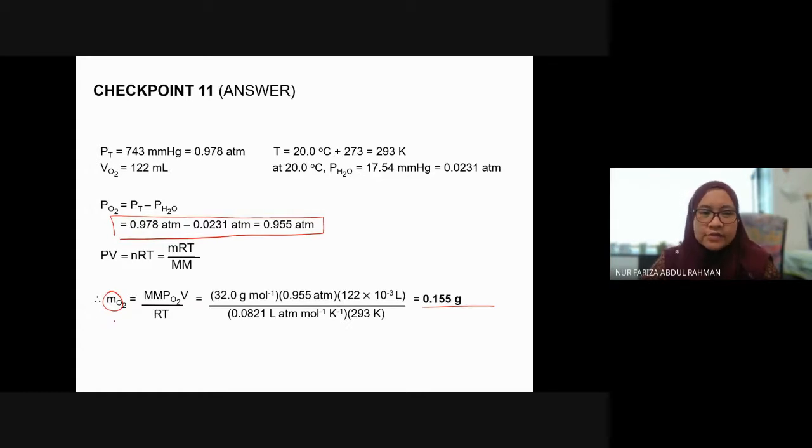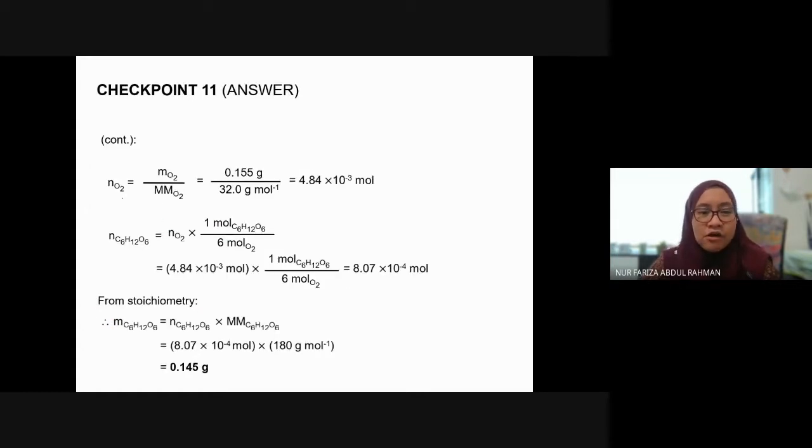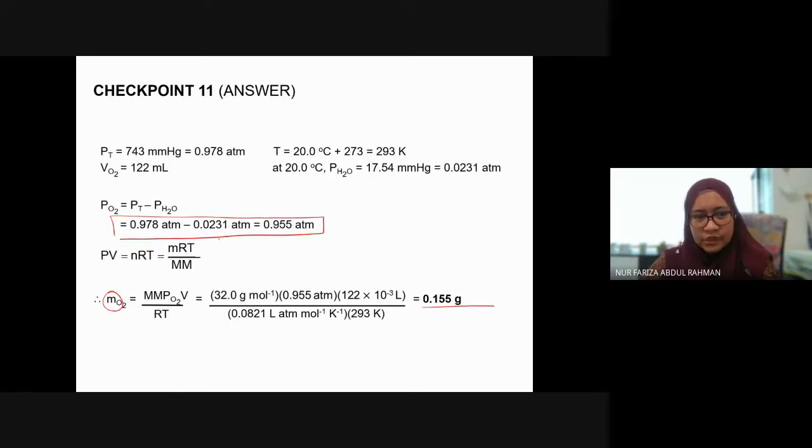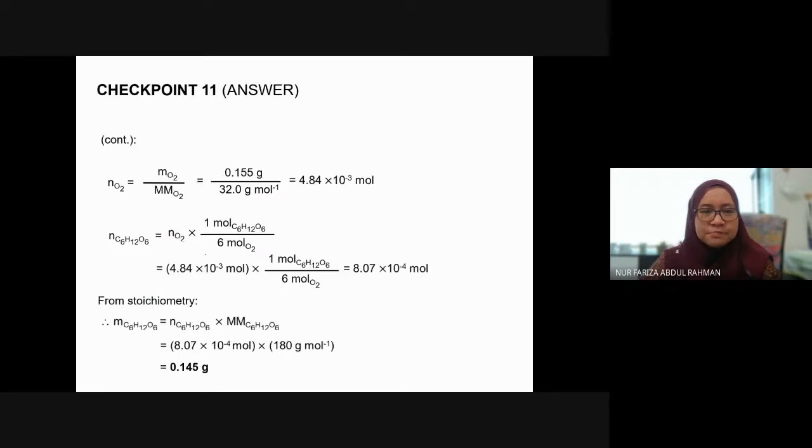Next, it wants to know the mass of glucose. So this is what we have just now, mole of oxygen. If I want to proceed further here, it does not tell us how much. So you have to find out the mole of oxygen in order to relate with the glucose from the balanced equation. So this is mole of oxygen.